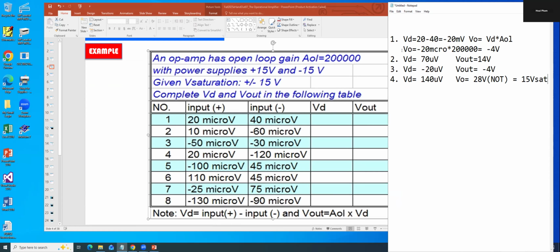When saturated, it can be positive saturation or negative saturation. In this case, it will be 15 volt saturation.